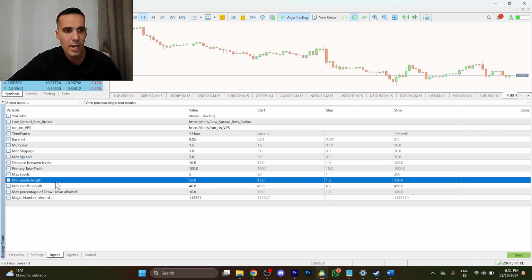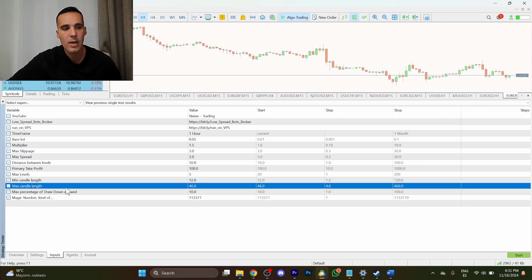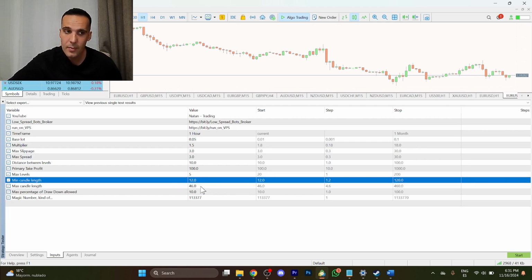Minimal candle length and maximal candle length. This also is calculated in pips, and it means the distance between the low and the high of a candlestick. Why did I implement this into the bot?